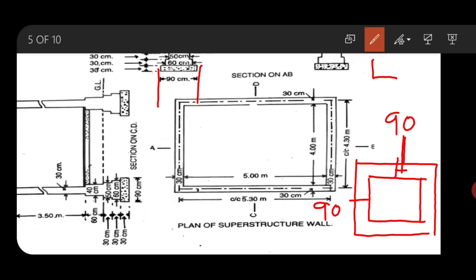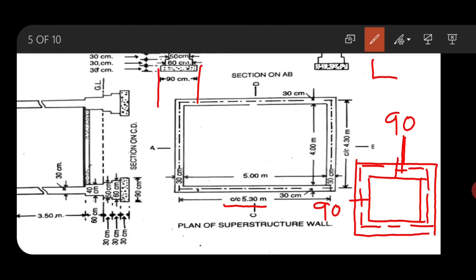So in order to get the length of the cement concrete work, first we have to consider this center line length of the building. So as we have discussed in the previous class, the center line length of the building is same starting from the superstructure up to the bottom of the foundation for this particular drawing, as all the footings are symmetrically placed.